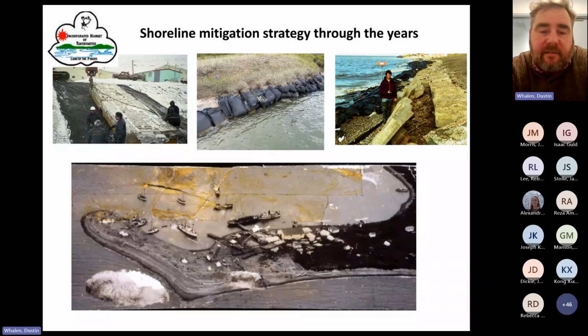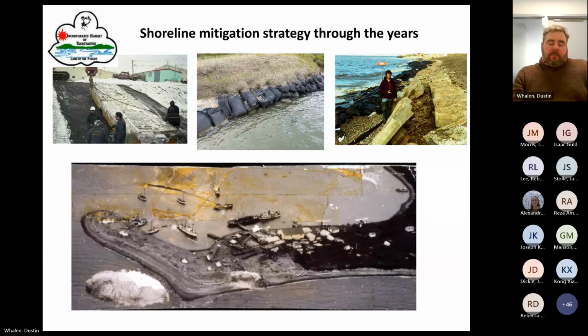And in all of these cases, there's evidence to suggest that these didn't really work. Although the concrete mats are still in place and still preventing shoreline erosion, there's a number of telltale signs that even this has to be mitigated in the future.